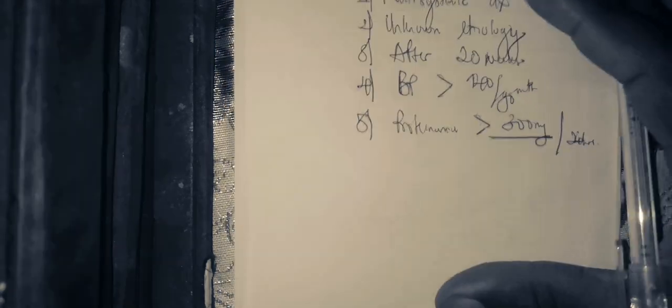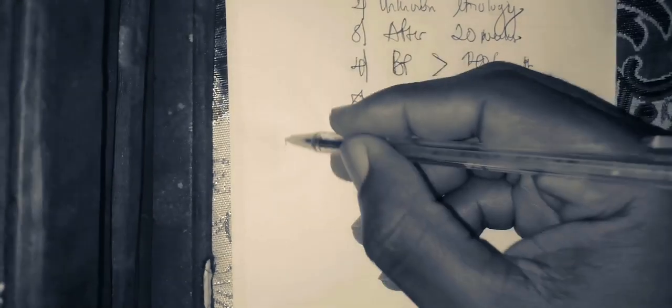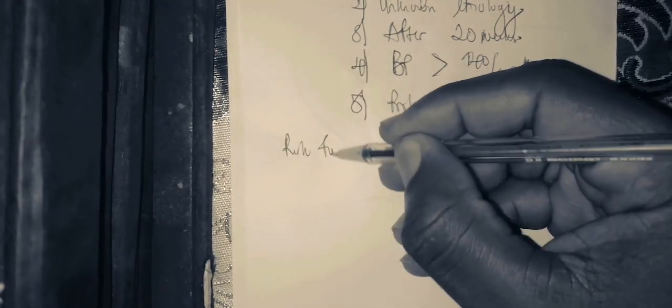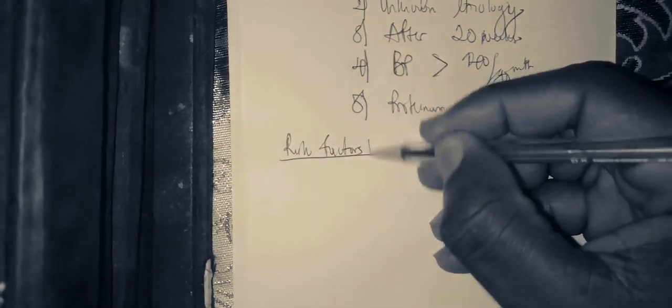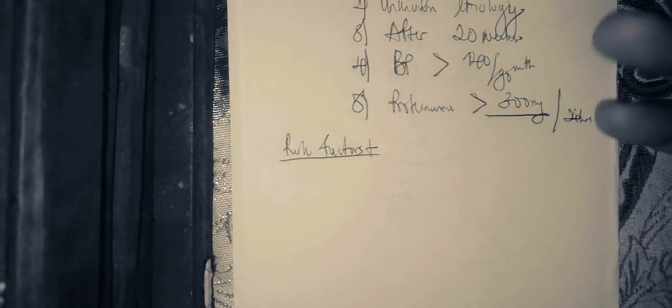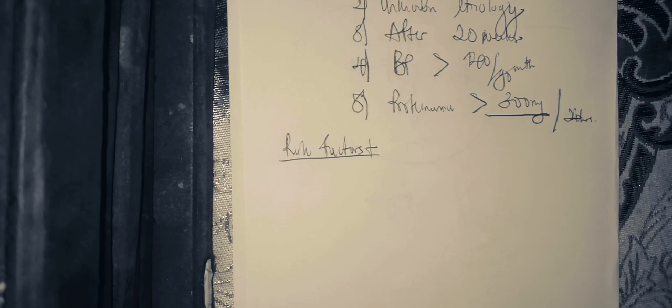Now, after having a definition, we should have the risk factors. This tutorial is based on helping you bring out a history so that you can arrive at the disease from it.